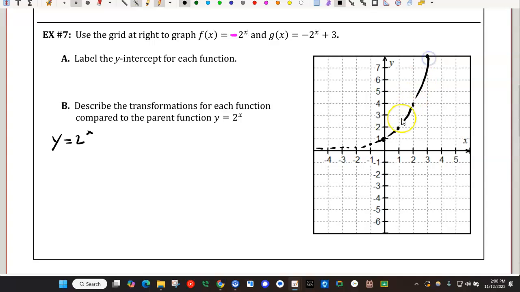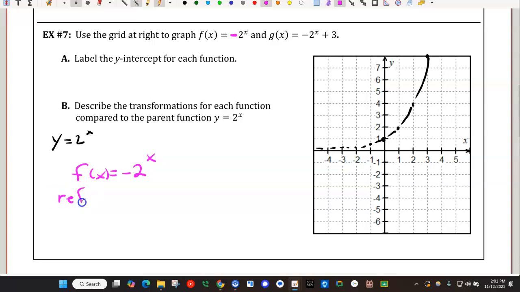Okay, so we got that. So what does this negative do to the graph according to your cheat sheet? And everybody says at the same time?